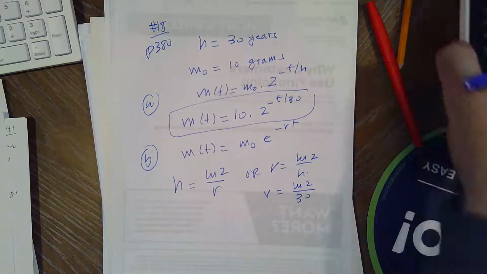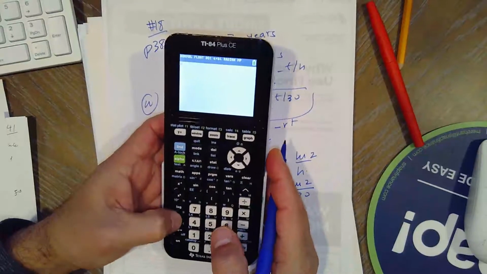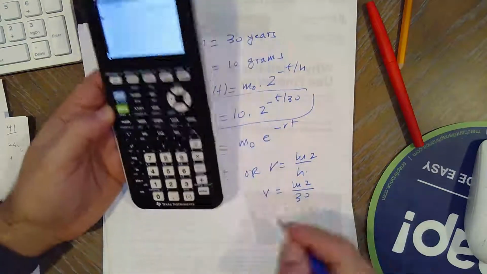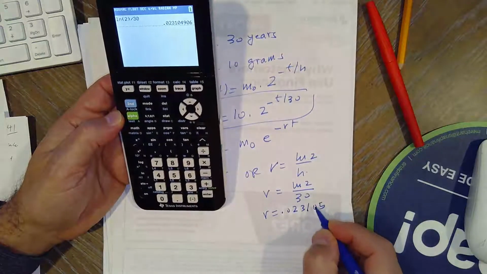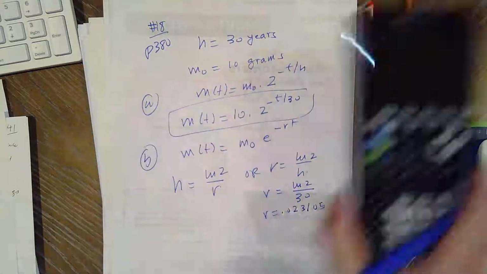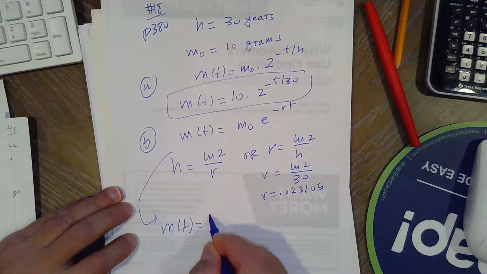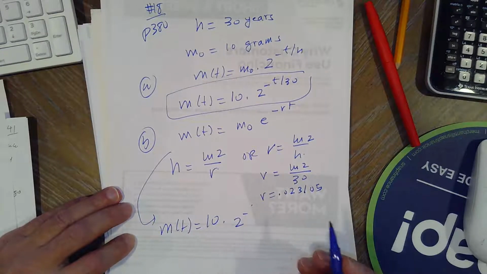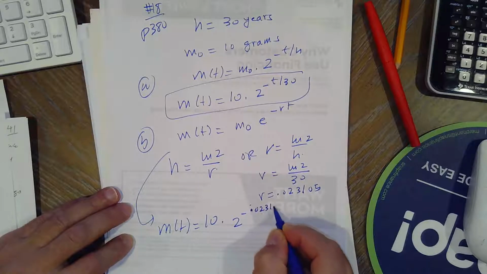So roughly ln of 2 divided by 30, it's 0.023105. You want to carry as many decimal places as possible to get an accurate result eventually. So m of t is 10 times e to the negative r t, which is 0.023105 t.